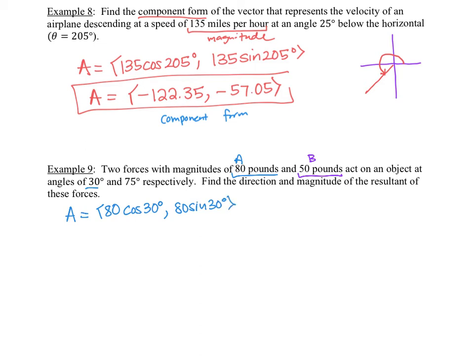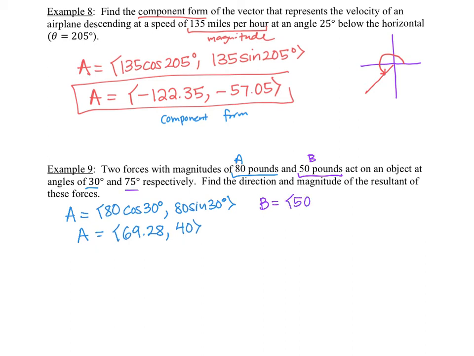Depending on your calculator skills, you might leave it like that for now, or you might want to convert it to a decimal right now. It's completely up to you. You could leave it in the first format, or you can convert it to a decimal now, depending on what's more convenient for you later. Okay, I'm going to do the same for force B. What is the angle?